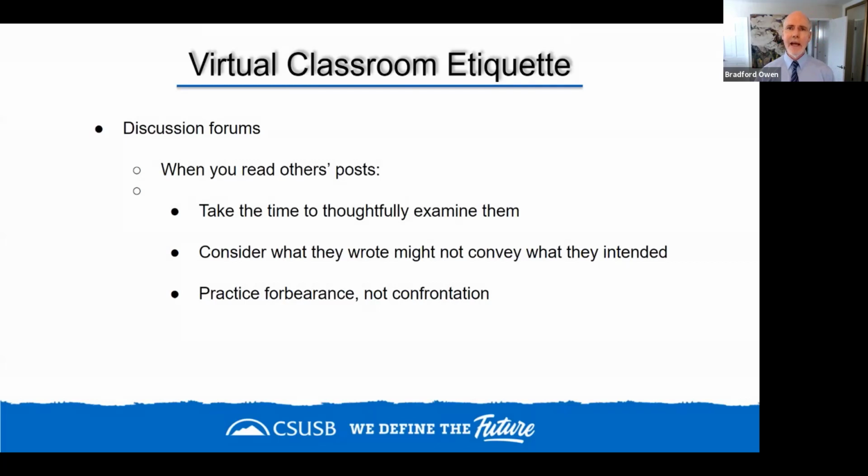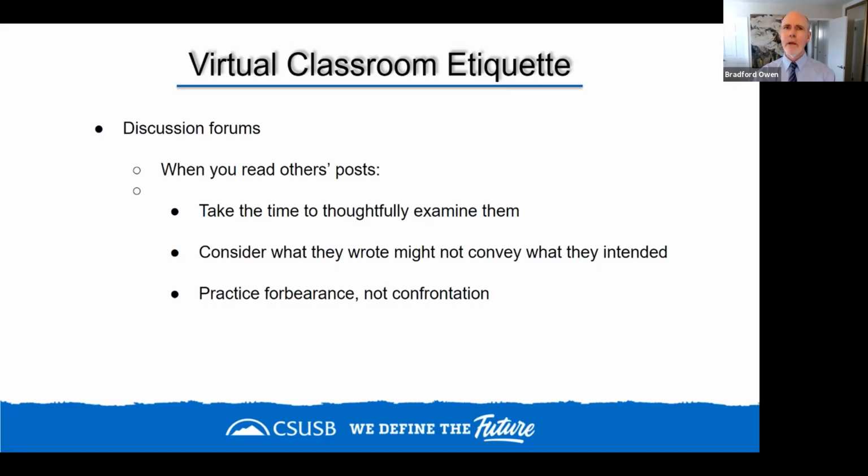Because as we've been saying, what comes across in writing, in the absence of other cues like facial expressions, gestures, and tone of voice, all those nonverbal communication cues are missing, and all we have are the words. And sometimes the words don't really get across what the person is intending. So think about that possibility when you read what someone wrote. Maybe they didn't intend what the words are suggesting to you.